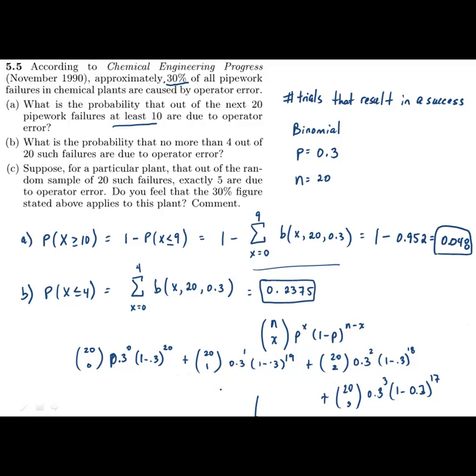So let me add number 4 here. So it's 20 choose 4, 0.3 to the 4, 1 minus 0.3 to the 16.